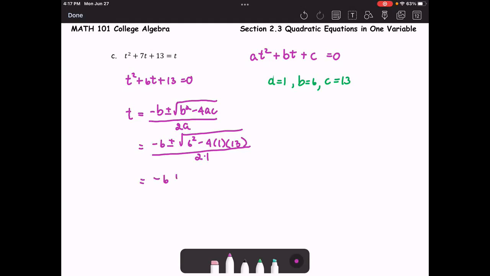Simplify the numerator to be negative 6 plus or minus the square root of 36 minus 52, all divided by 2.